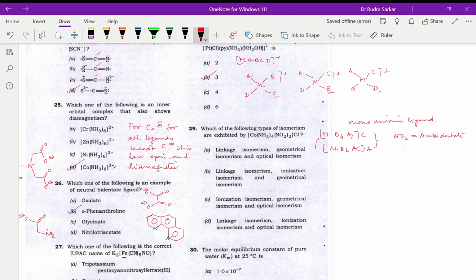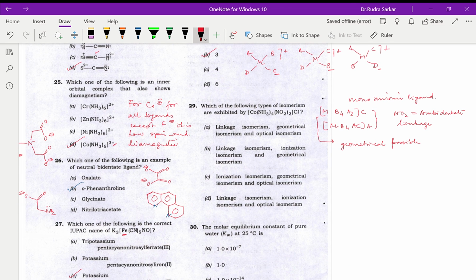For this one, linkage is possible. If the arrangement is like this, then it is showing ionization isomerism. So we will be looking for these three in the options: linkage, ionization, geometrical. So option B is the correct option over here.